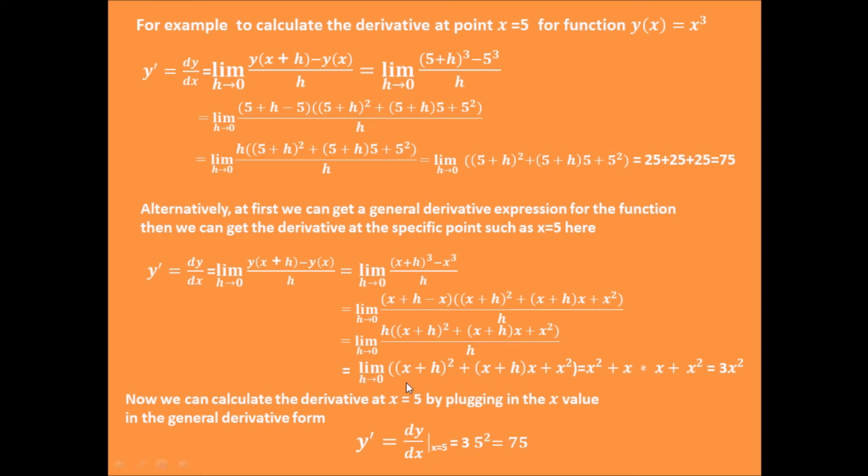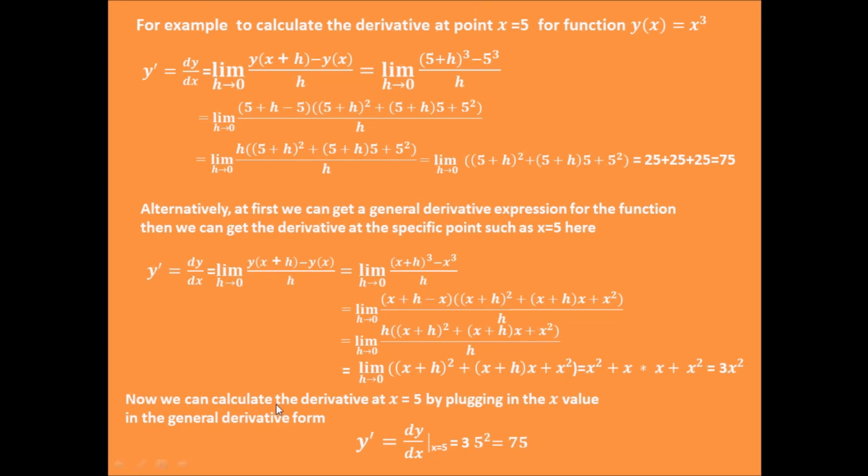As you can see, the function is continuous at h equals 0, so the limit with h approaching 0 equals the function value at h equals 0. Then we just plug h equals 0 into this function to get the limit, which is 3 times x squared. So this is the general derivative expression for the function x cubed.